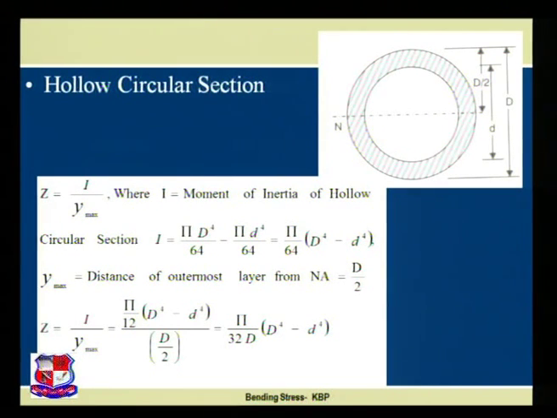Now let us take a combination of rectangular sections, like a T section, and see how to find out the value of Z on this tabletop. So let us take one simple section.